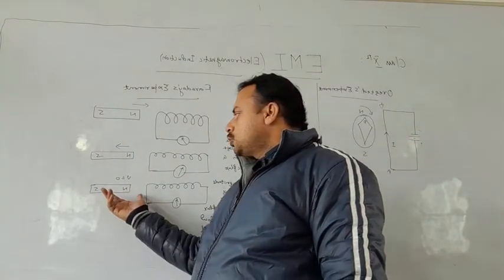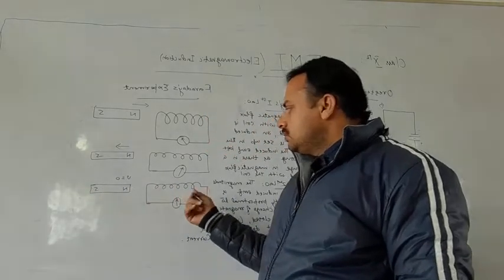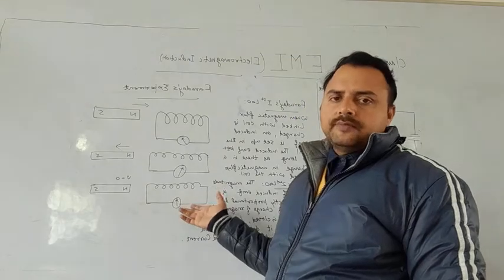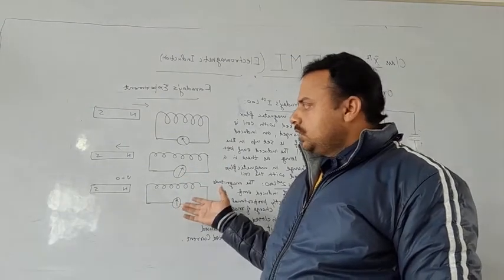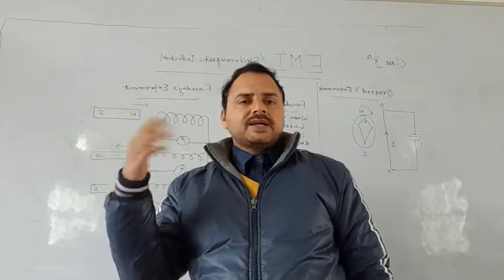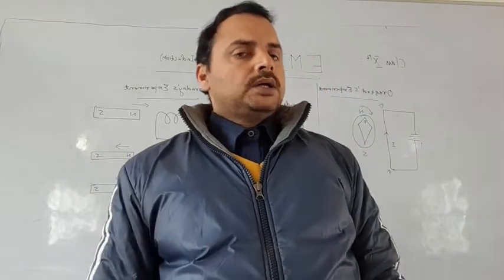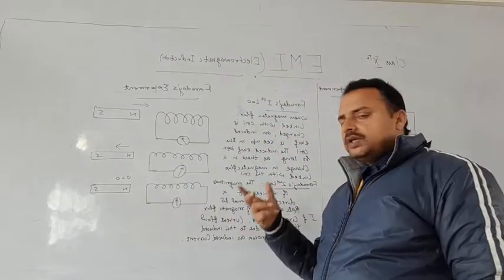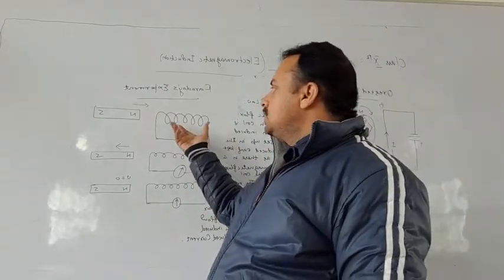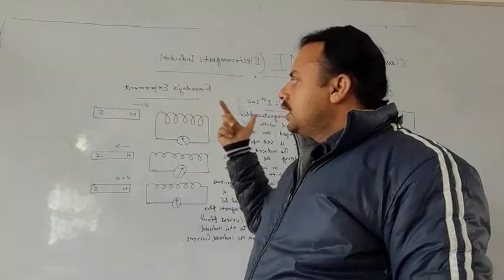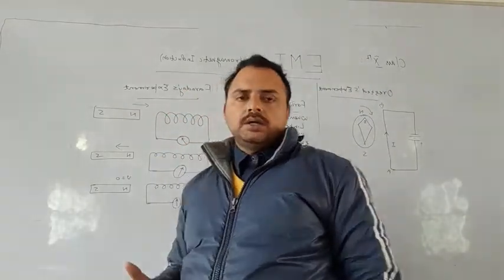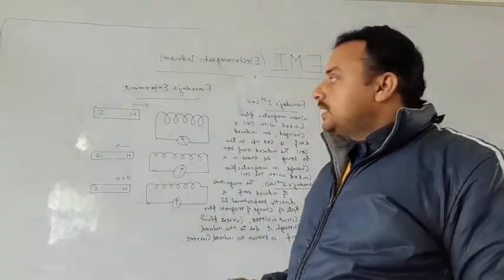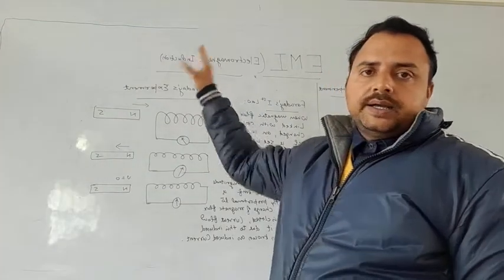And when we put the magnet stationary beside this coil, there is no change in magnetic flux, so there is no induced EMF and no induced current. So in this way, several other experiments were performed, and at last the conclusion was obtained that if there is a change in magnetic flux linked with the coil, there must be an induced EMF in the coil, and because of this induced EMF there is induced current, and this phenomenon is known as electromagnetic induction.